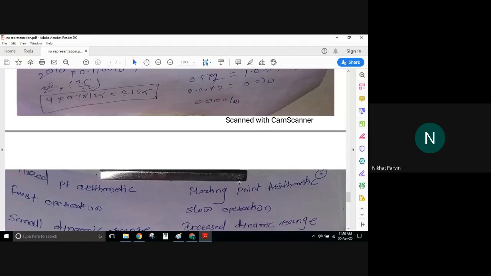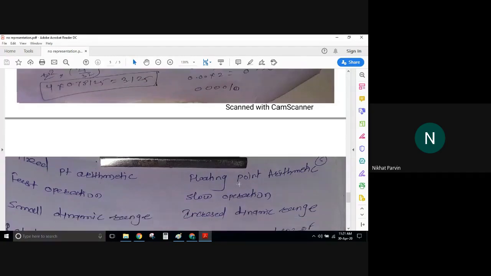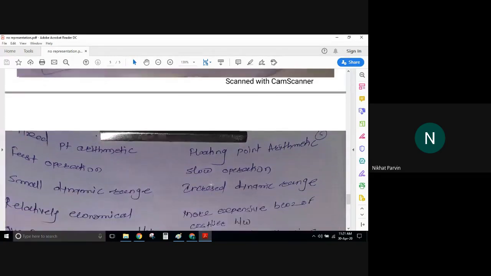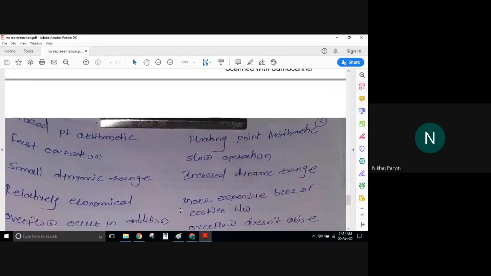If any question comes to explain or write the number representations, you can take one example of fixed point addition and multiplication, and floating point addition and multiplication. Or the question may come like compare fixed point and floating point arithmetic. Fixed point is a fast operation, floating point is a slow operation because you have to do many things there, right?